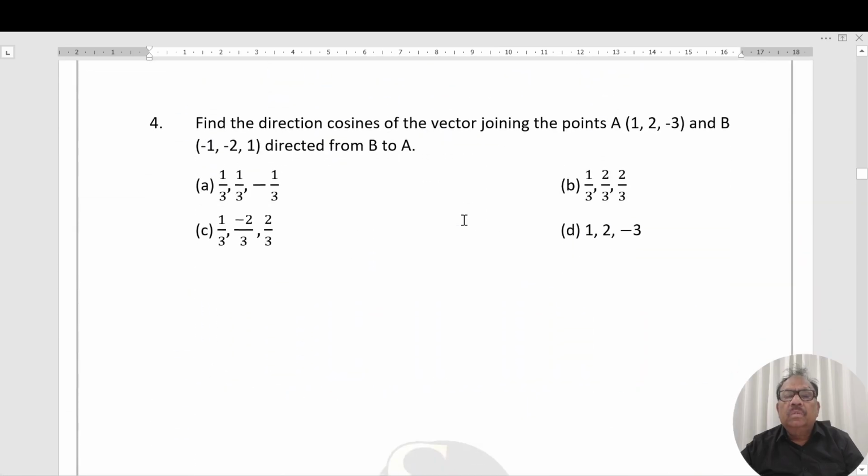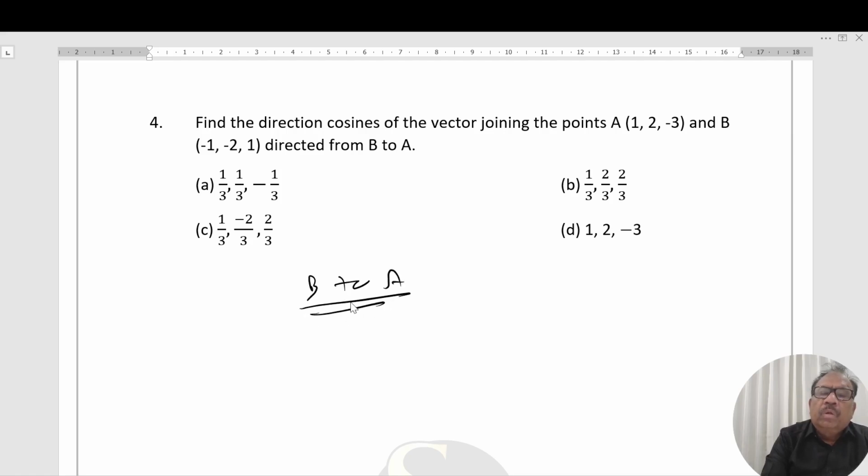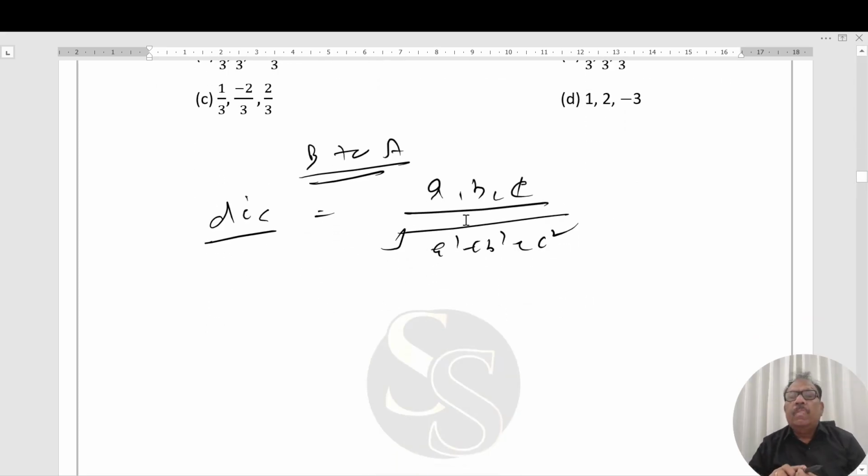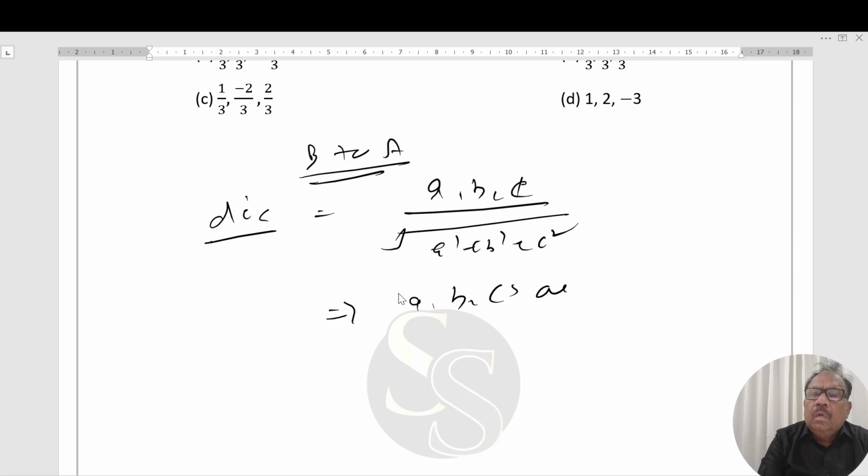Next question. Find the direction cosines of the vector joining the points A(1, 2, minus 3) and B, from B to A. We know direction cosines are a, b, c upon under root a square plus b square plus c square, where a, b, c are the direction ratios.